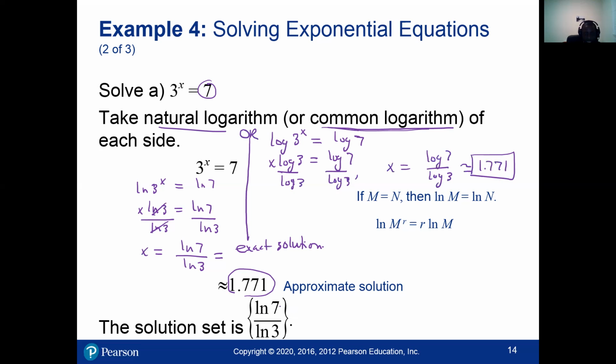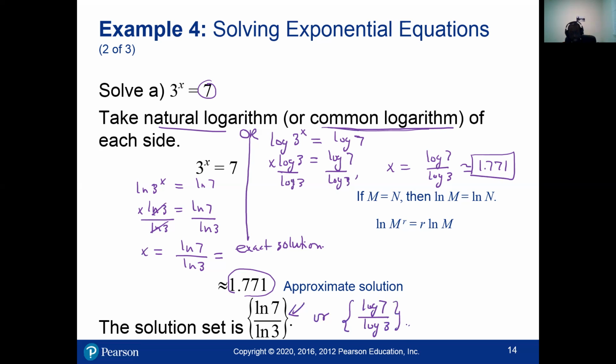So what's your solution set? Please remember, the question didn't say to round to a certain decimal place, so we have to use the exact solution. That is why we have it as natural log of 7 divided by natural log of 3, or the solution set could be log 7 divided by log 3.